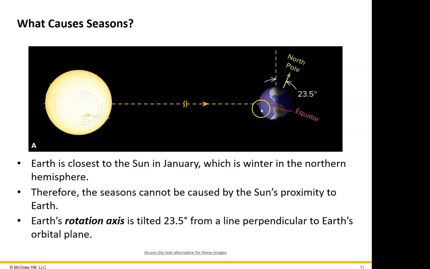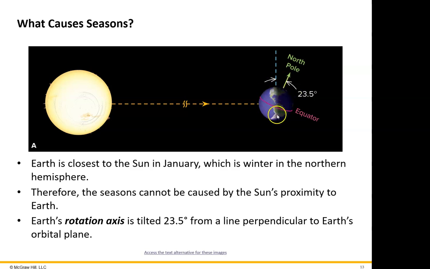And it's exactly opposite when the Earth is over on this side. The tilt doesn't change, but the Earth is on the other side of the sun. Then the northern hemisphere is tilted towards the sun, and for us that's June, July, and August.